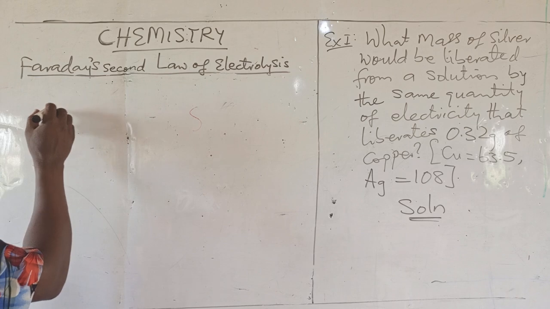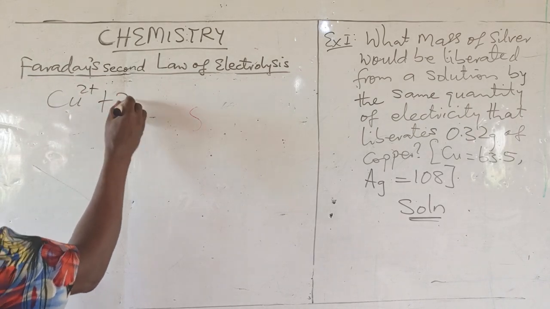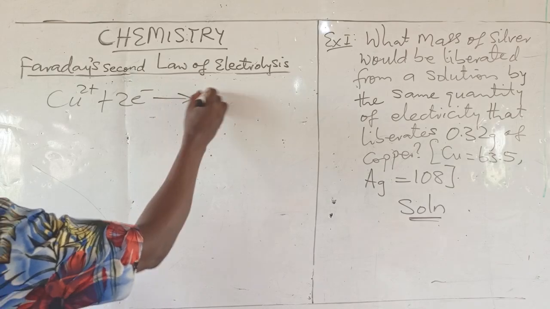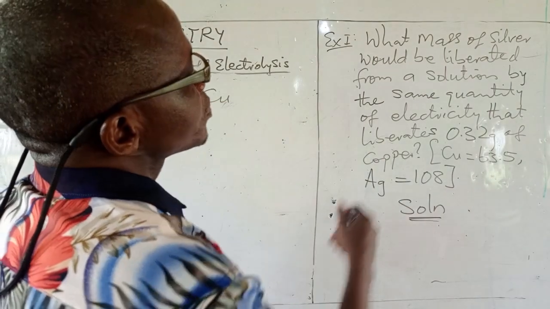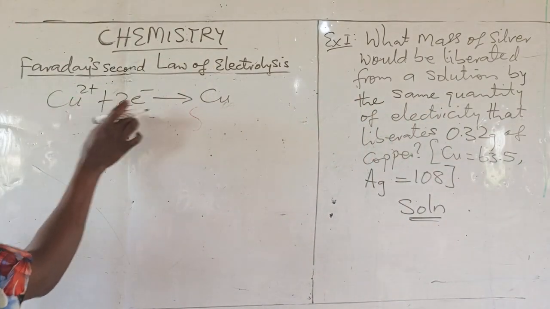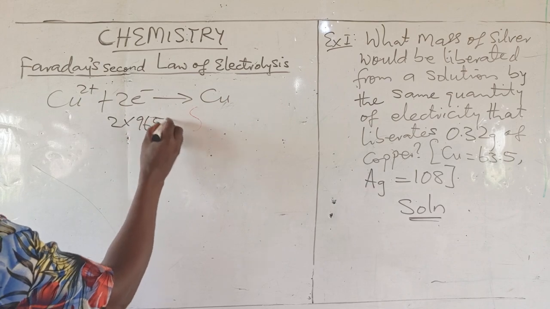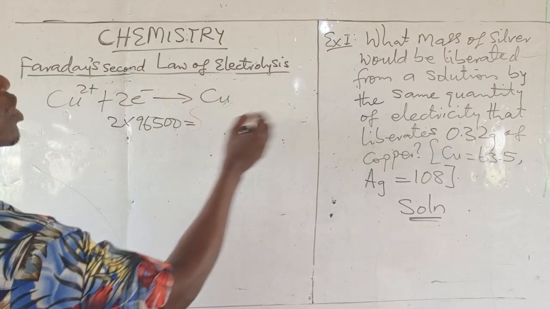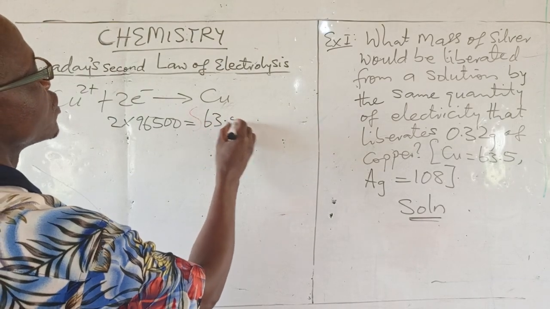You have to start with the equation for copper. Cu2+ plus 2 electrons will give you Cu, which is solid now, the copper atom. Now check what you have. Remember I told you 2 times 96500 will give you the mass of copper there, 63.5.